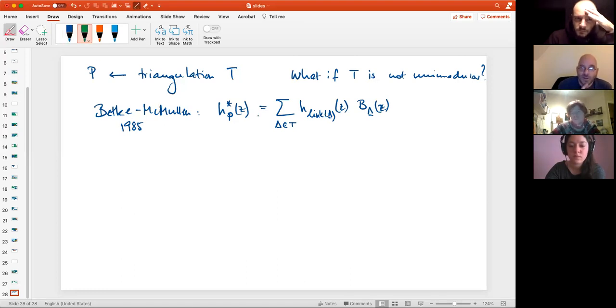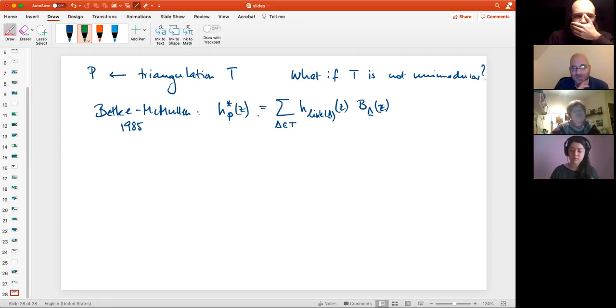The link of a triangulation is something topological. What you do is you stand at your simplex and you look at the other simplices in your triangulation that don't contain your simplex, but they're not too far away.